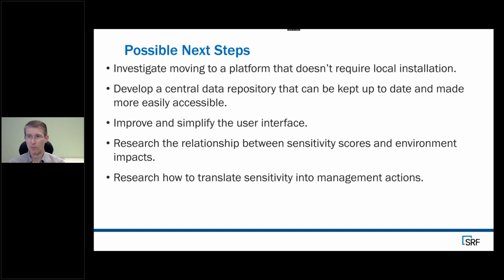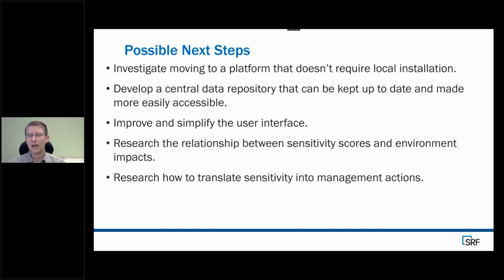There's a lot of entering numbers in the ArcGIS interface that could maybe be simplified by creating more knob-twiddling sort of graphical interfaces. And the last 2 points kind of pivot off that last point from the previous slide.